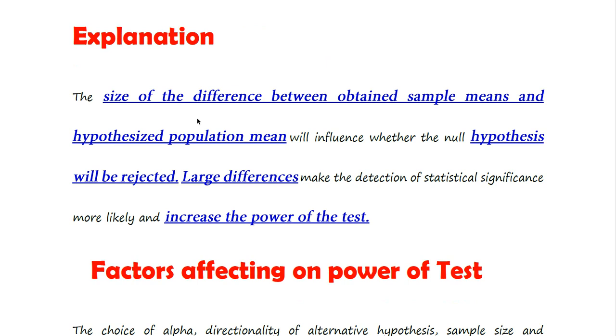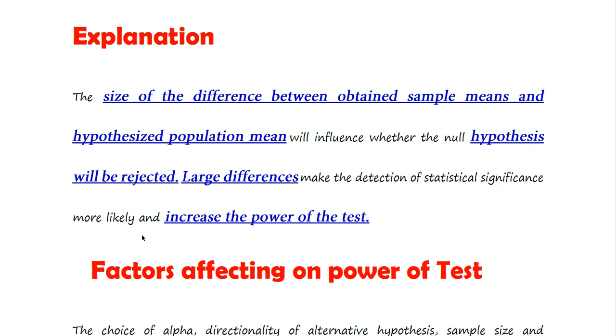The size of difference between obtained sample mean and hypothesized sample mean has an effect on the null hypothesis rejection. Larger differences make the detection of statistical significance more likely and increase the power of test.